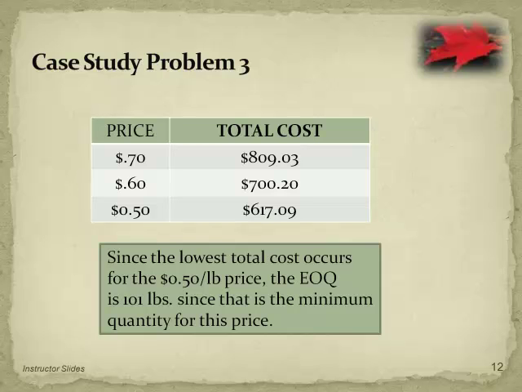Therefore, we will conclude that the economic order quantity that we should use, the quantity that we should order in order to get the lowest total cost in this price discount scenario, is 101 pounds, because that will give us the lowest total cost.